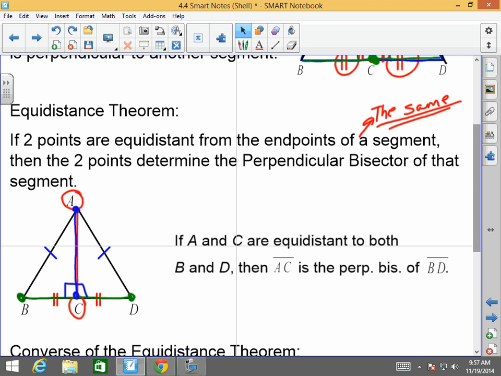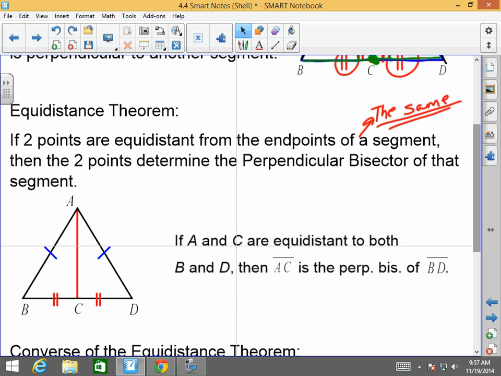Yes, sir. We already know that it was a perpendicular bisector before. No, we didn't. We did not know that. All we knew here from the beginning was that AD and AB are congruent. CB and CD are congruent. That's all we know.